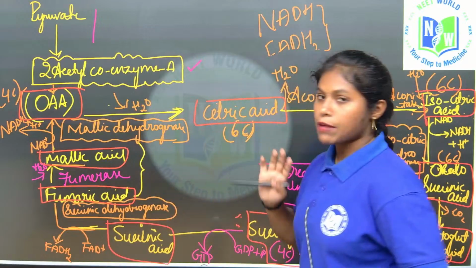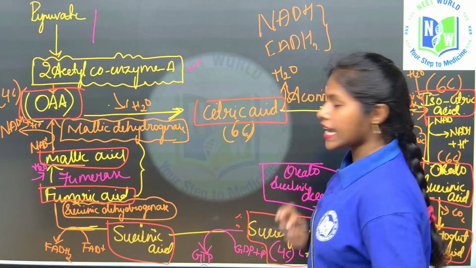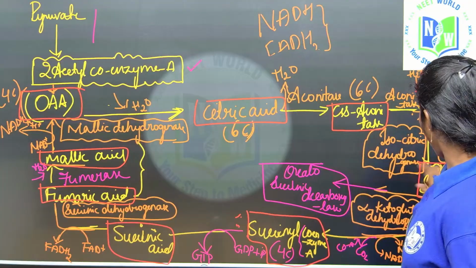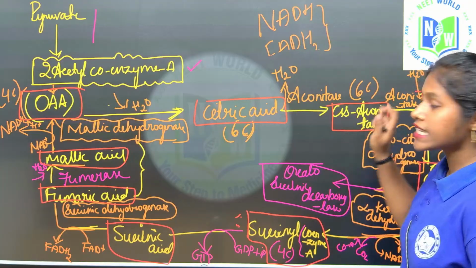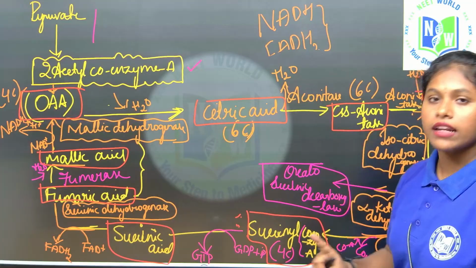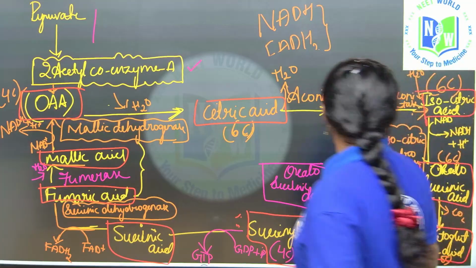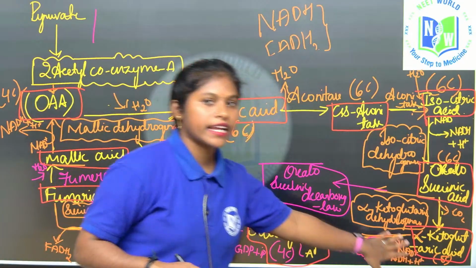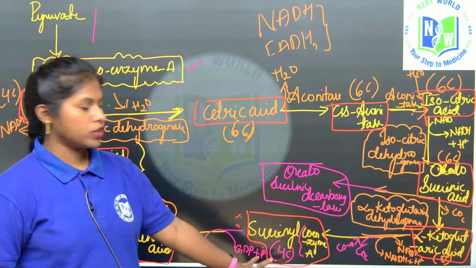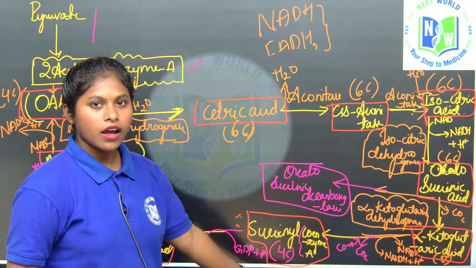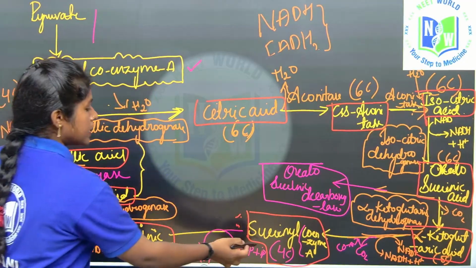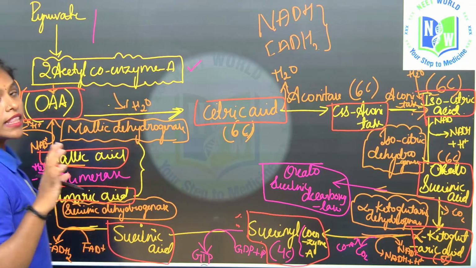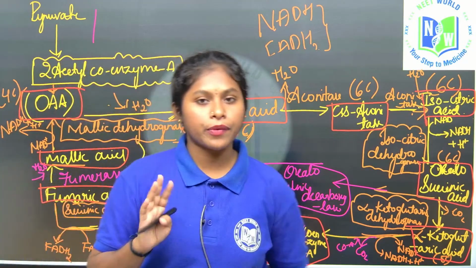What are the 6 carbon compounds here? Citric acid, cis-aconitic acid, isocitric acid, oxalosuccinic acid. These are the 6 carbon compounds. Only one 5 carbon compound is alpha ketoglutaric acid. This alpha ketoglutaric acid gets converted into the 4 carbon compound, succinyl coenzyme A. Succinyl coenzyme A, succinic acid, fumaric acid, malic acid, these are all 4 carbon compounds.